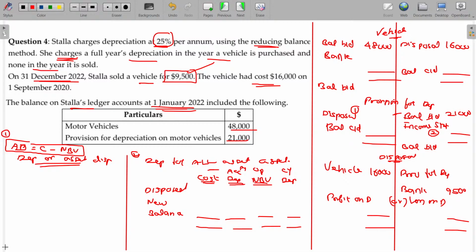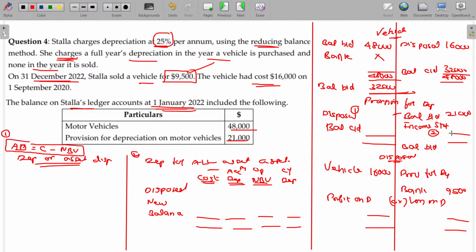We don't have any new asset purchased. Here only one is missing. You can easily tally this and get this value. 48,000, 48,000. 32,000 is the balance carried on.